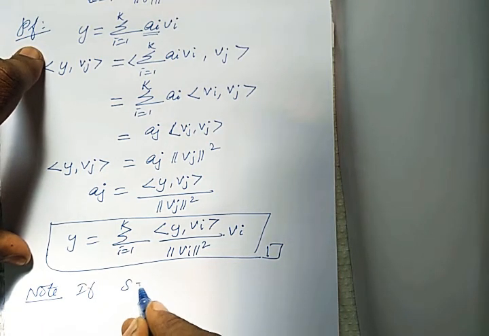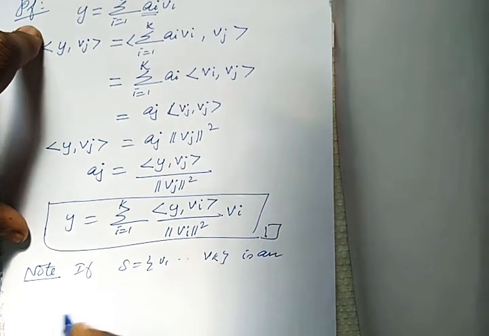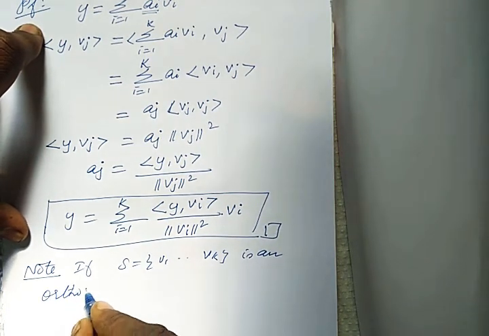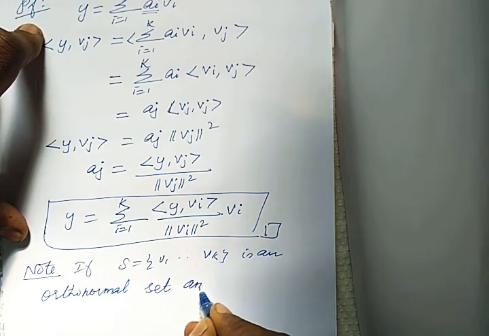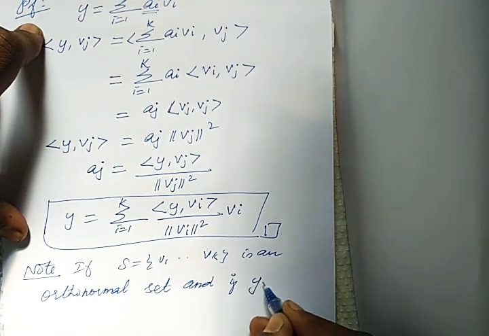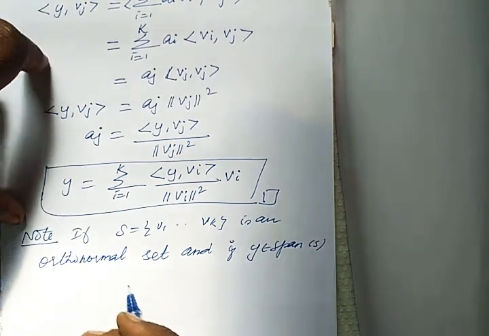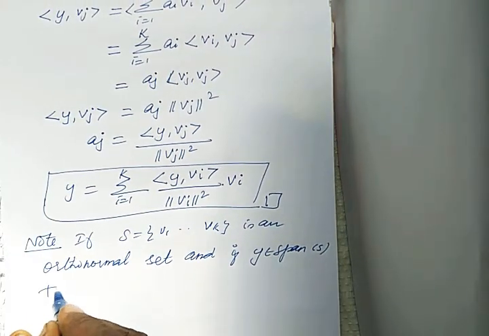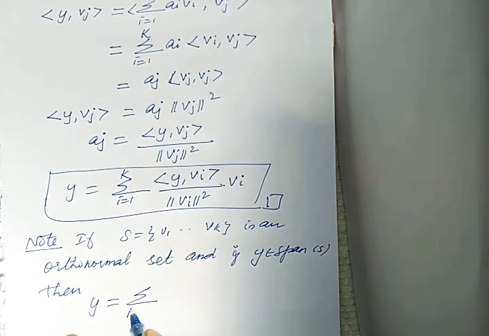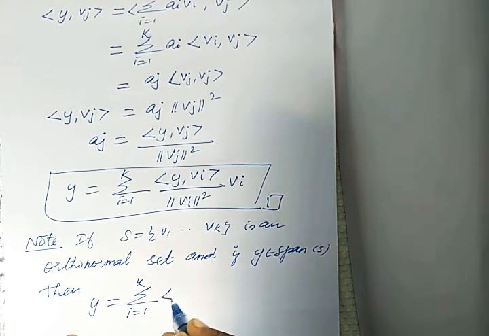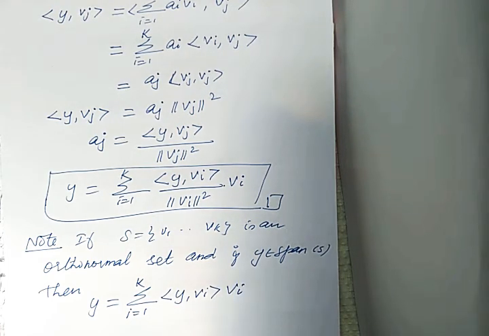So note, if S is equal to {v1, ..., vk} is an orthonormal set, and if y belongs to span of S, then y can be written as summation i varies from 1 to k of inner product of y comma vi times vi.